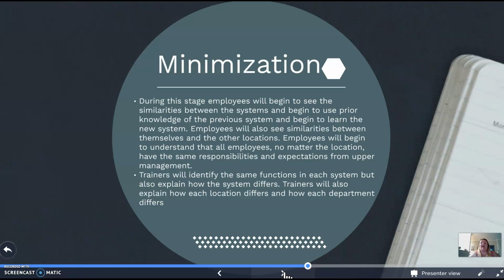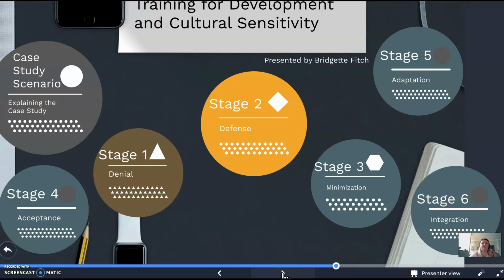It's to understand that everyone is the same, no matter their culture or where they are, that it's all the same expectations. The goal of minimization is to allow people to identify the same functions, but also explain the differences. We will want to explain how each location differs and how each department differs.